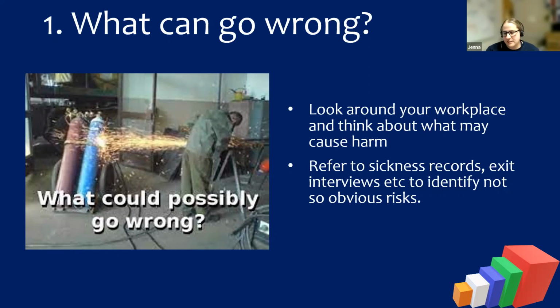I can see a hole in the ground. I can see when somebody has been given the wrong medication and things like that. So we can always look around and see what may cause harm. But it's not just about the things that you can see, it's about the things that you can't see, which is where referring to sickness records and exit interviews helps to identify those not so obvious risks.